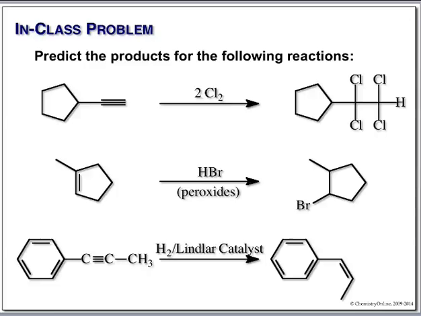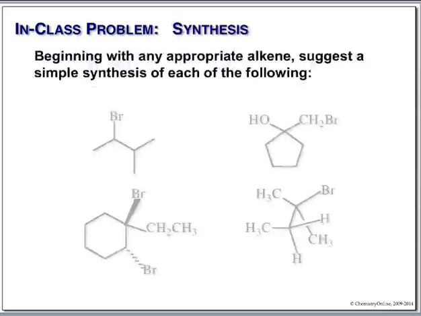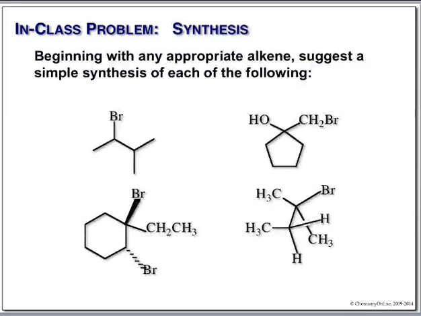All right, let's go ahead and do the last part. And this is the really fun part of organic chemistry. It's all fun, isn't it? And this is synthesis. This is reactions backwards. Now we're going to start off with baby synthesis.